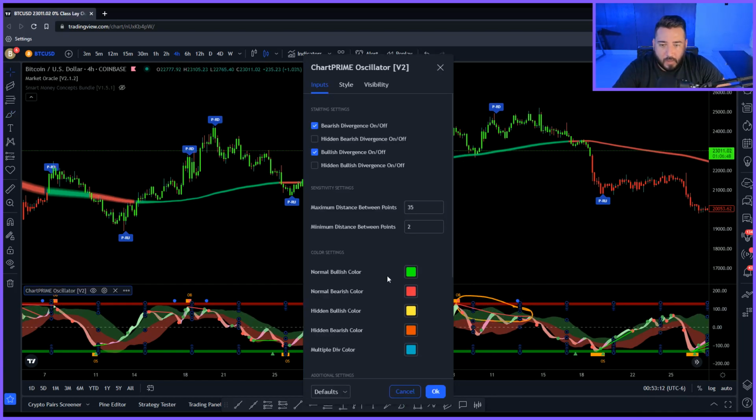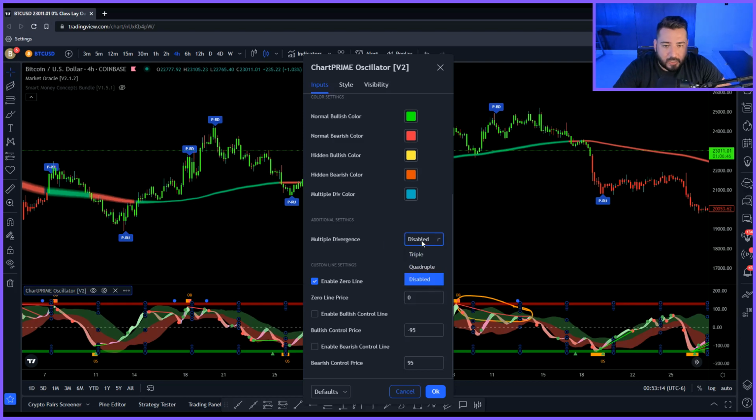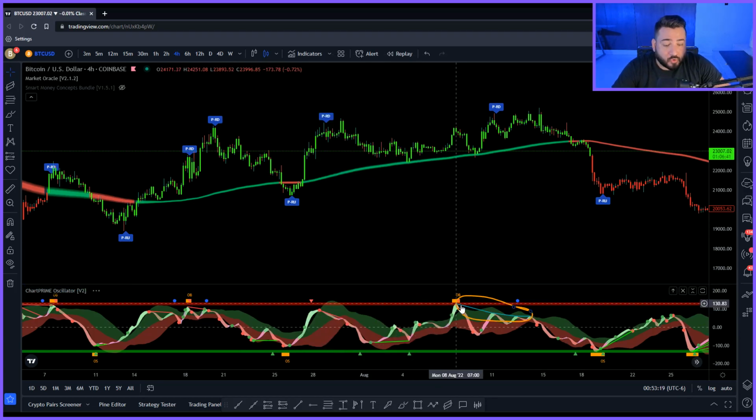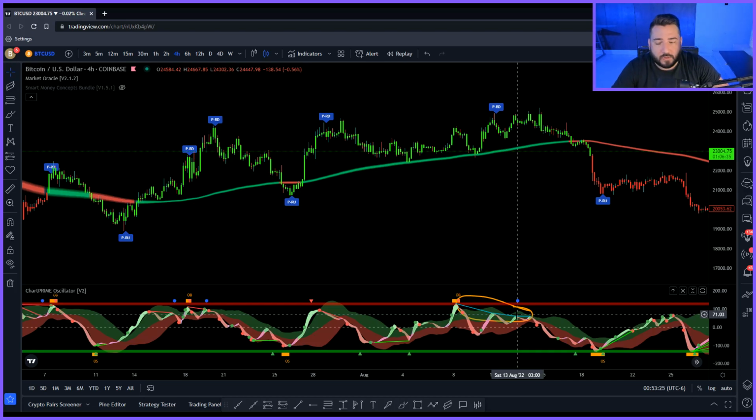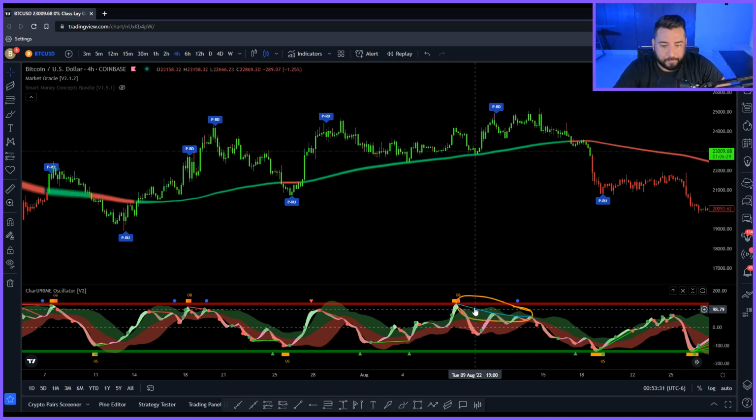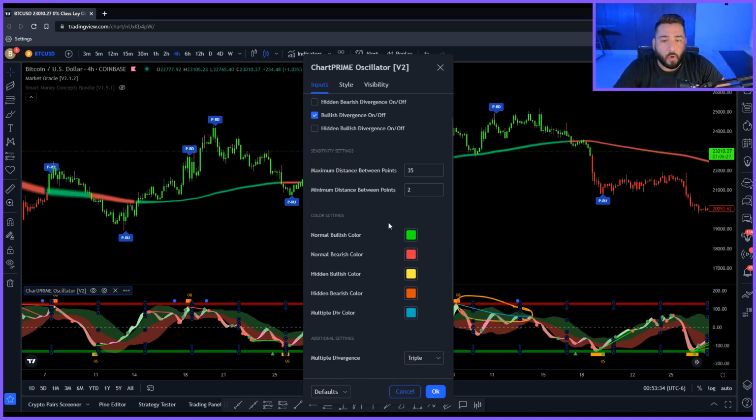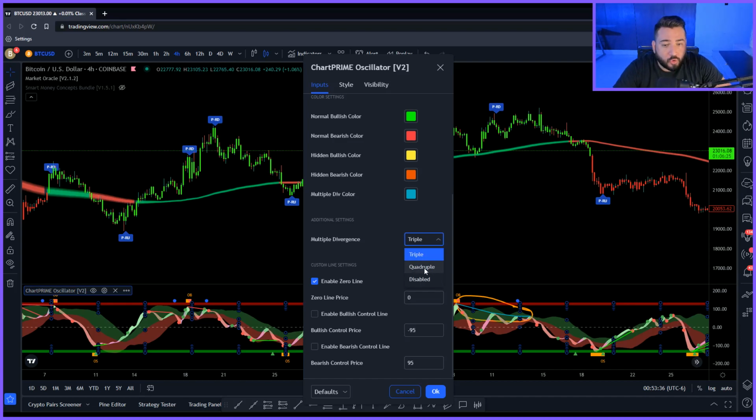If I change from disable to triple, whatever triple divergence and up will be marked in blue. So triple divergence, quadruple divergence, quintuple divergence, and up, they all will be marked in blue, right? If I would rather have only quadruple divergence and up, then I'll choose quadruple divergence. Nevertheless, I like it on triple. That's the way I like it, right?